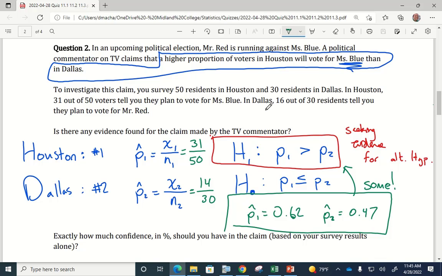And statisticians who are much better than me at statistics, who do that as their professional job, calculate things like these hypothesis tests, right? But in a little bit more sophisticated manner that we're not going to learn in this class.